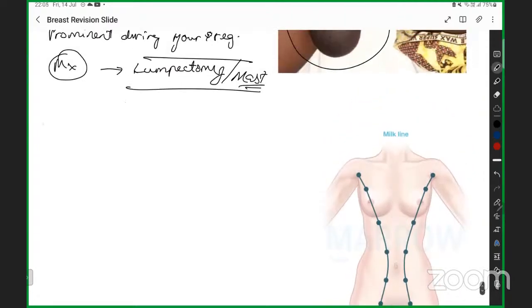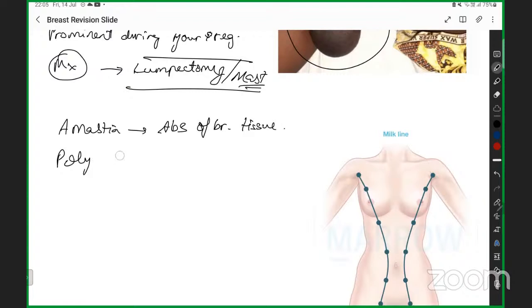Okay, what is called amastia? Remember, amastia, and can someone tell me what is amastia? Amastia means absence of breast tissue, and polythelia means accessory nipple. This can be asked as MCQs for you guys in exam. So polythelia is called accessory nipple.